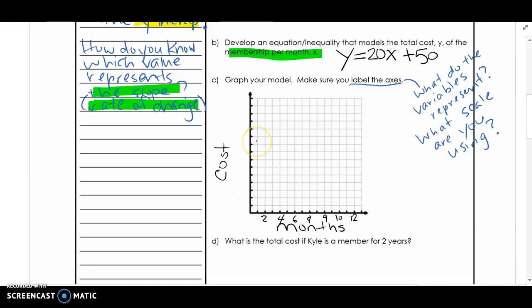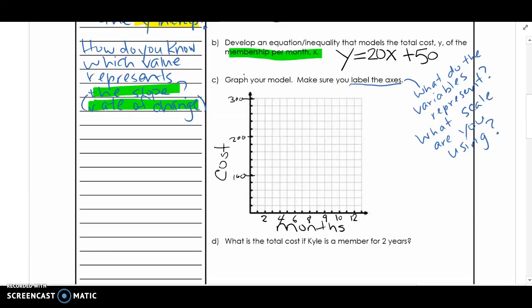And then the cost I'm going to start with and label, I'm going to let every tick mark represent 20. So this would be 100. This would be 200. And this would be 300.